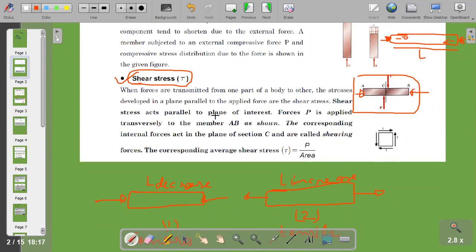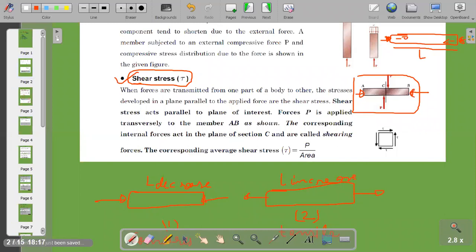In shear stress, force is not directed in the cross-sectional area like in the tensile or compressive stress. It is directed normally on the body.